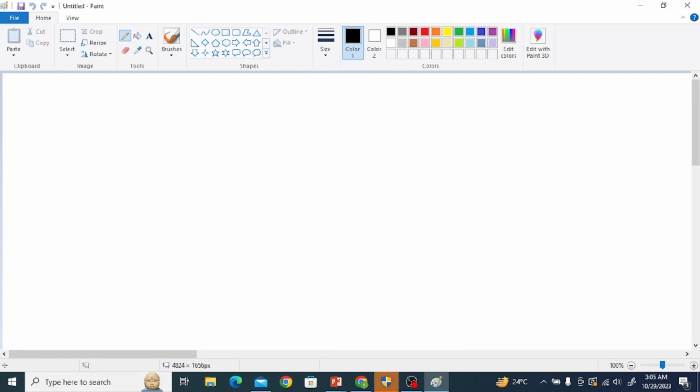So first of all, as it is given in the question, 6 km due east. Let's suppose this is 6 km due east, and you can also do it by the vector addition method. For 6 km due east you draw a 6 centimeter line, such that 1 km is represented by 1 centimeter.